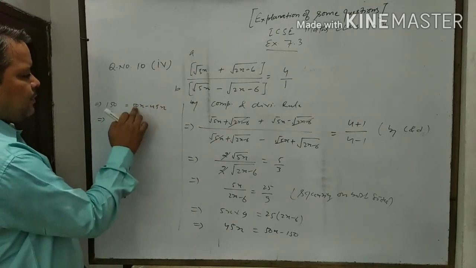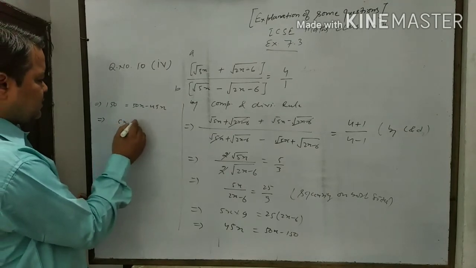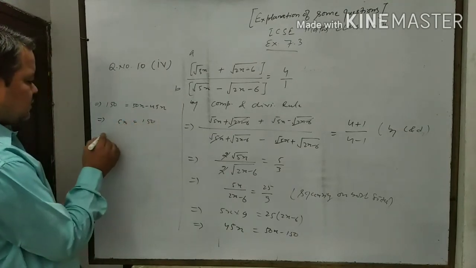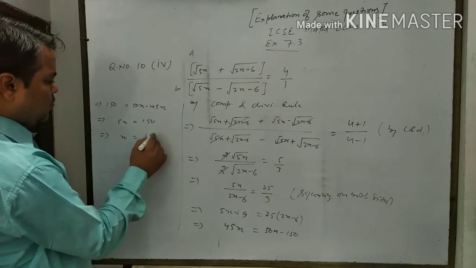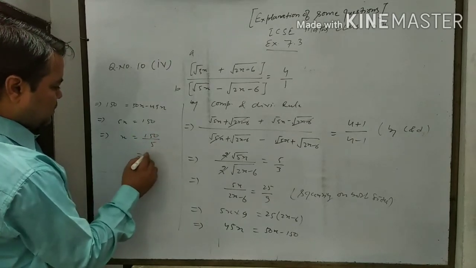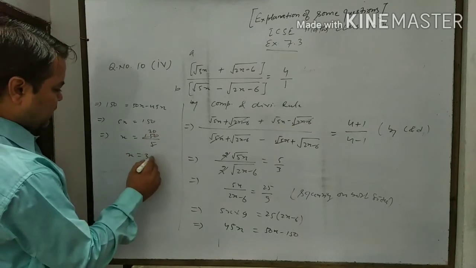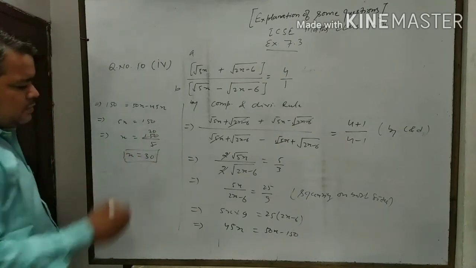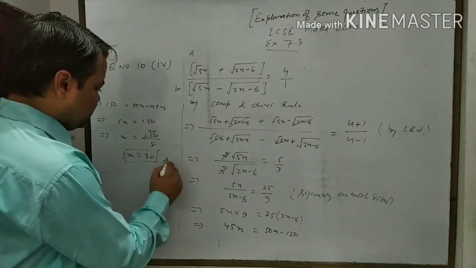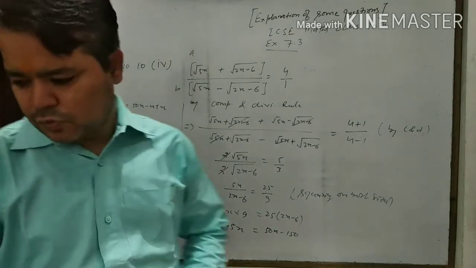Then 50x minus 45x is equal to 5x, so 150 equal to 5x. This implies that x is equal to 150 by 5, which is 30. The value of x will be 30 and this is the answer of the question.